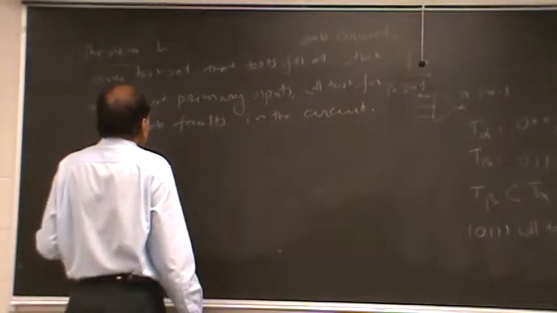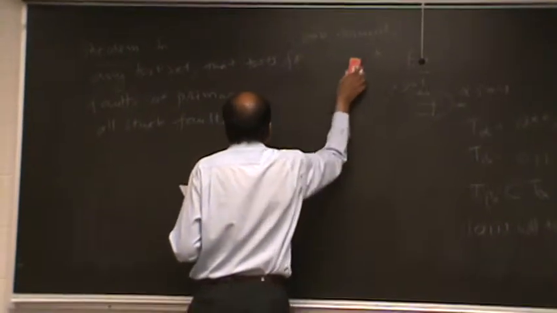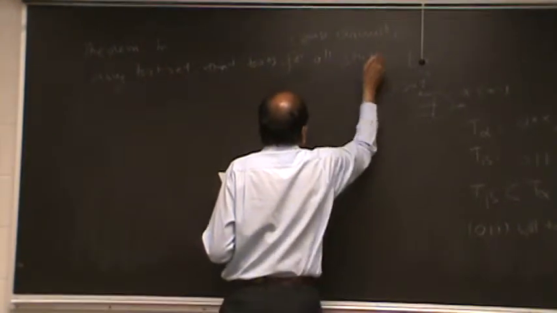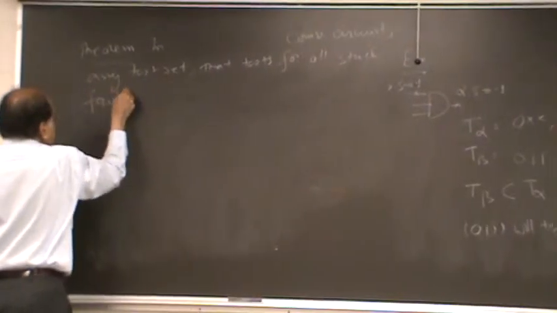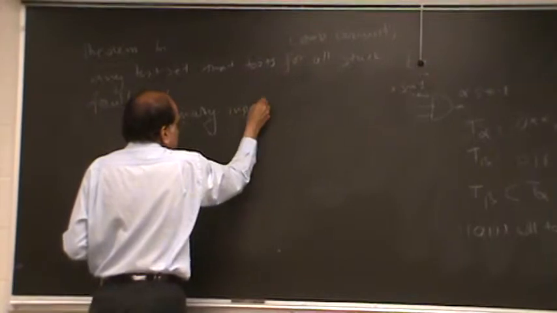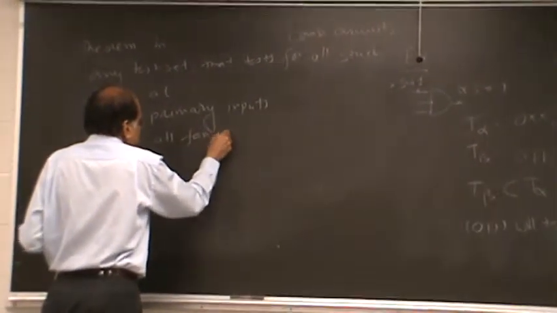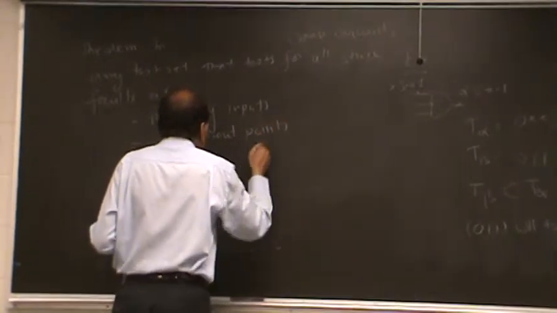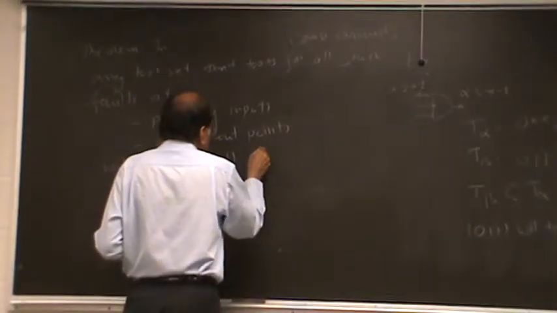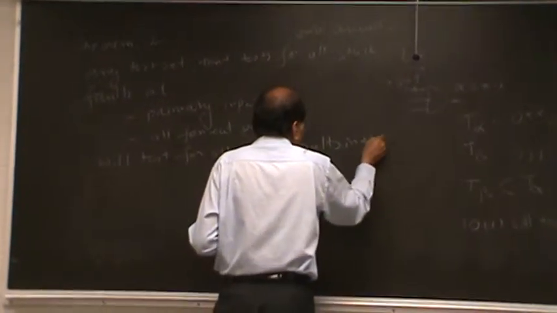In a combinational circuit, any test set that tests for all stuck faults at primary inputs and all fan-out points will test for all stuck faults in the circuit.